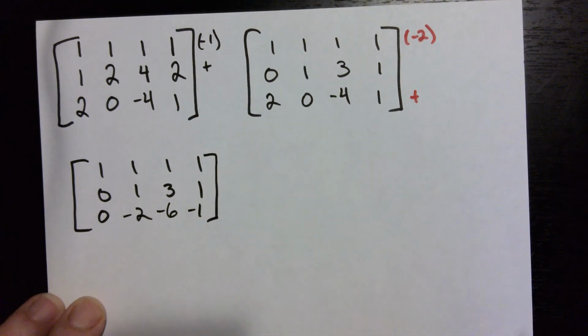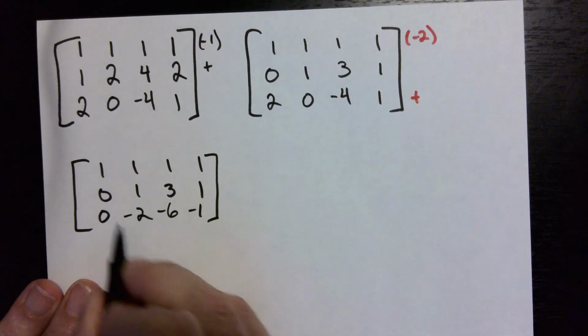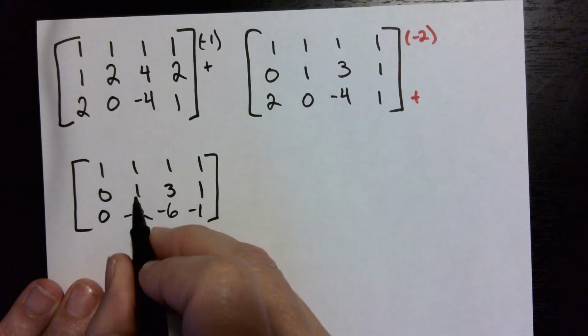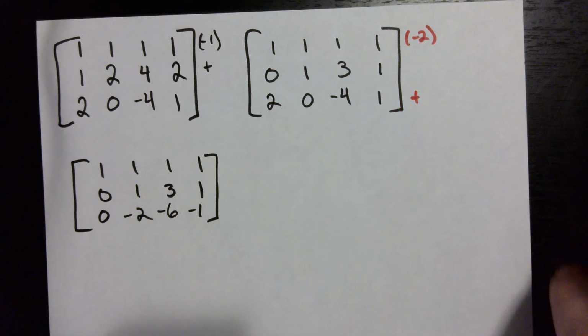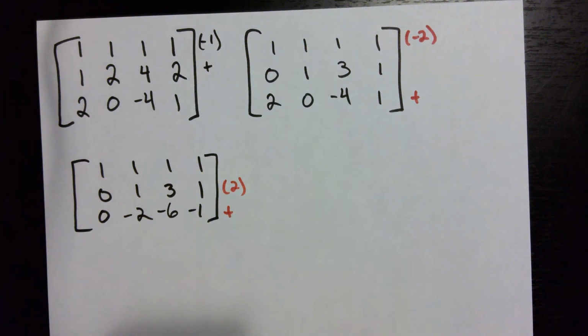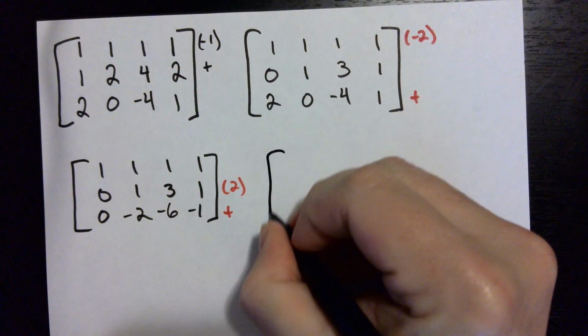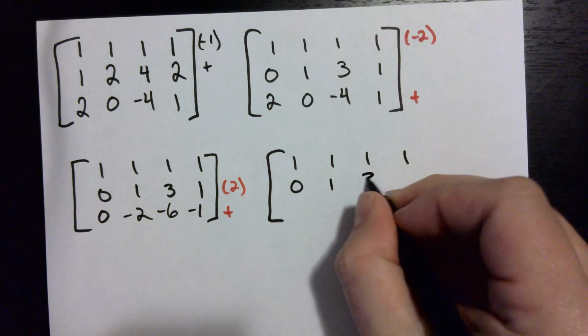Now I need to get rid of this using this equation. So what can I do to change this into the opposite of -2? Well, I'll just multiply it by 2 and add. The top and middle one will remain the same: 1, 1, 1, 1, 0, 1, 3, 1.